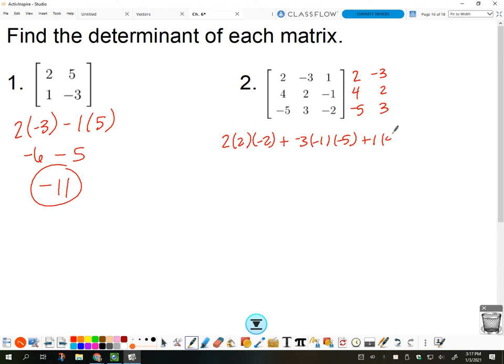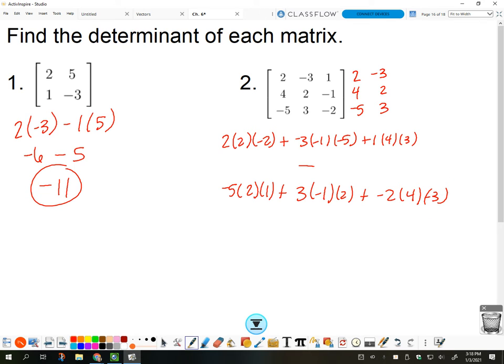So 1 times 4 times 3. And then we're going to subtract the other diagonal. So we'll go back this time. Negative 5 times 2 times 1, plus 3 times negative 1 times 2, plus negative 2 times 4 times negative 3.